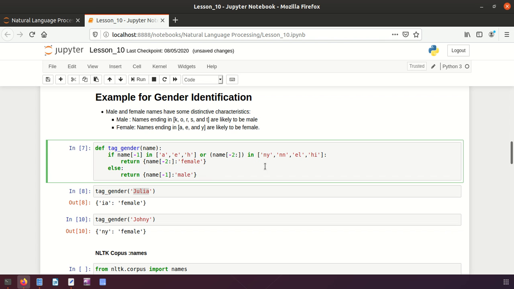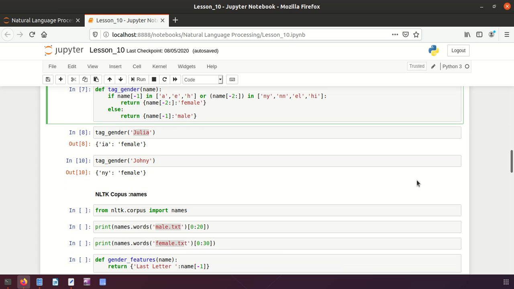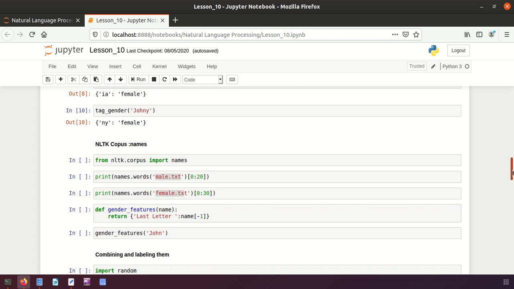Or maybe some people consider the number of characters: lengthy names are considered male names, and names with fewer characters are considered female. Based on that you can also take a decision, or based on the last 1, 2, or 3 characters in English. But in other languages it is somewhat different.